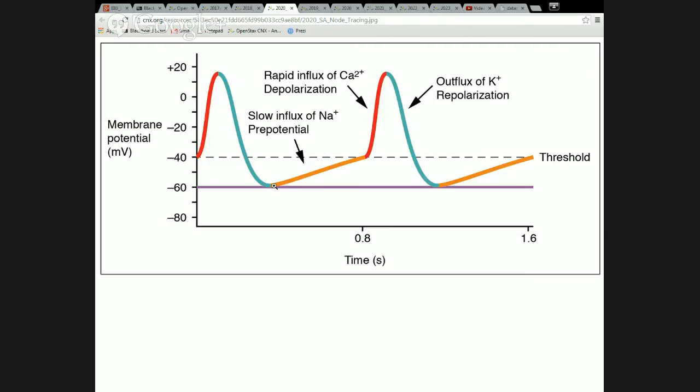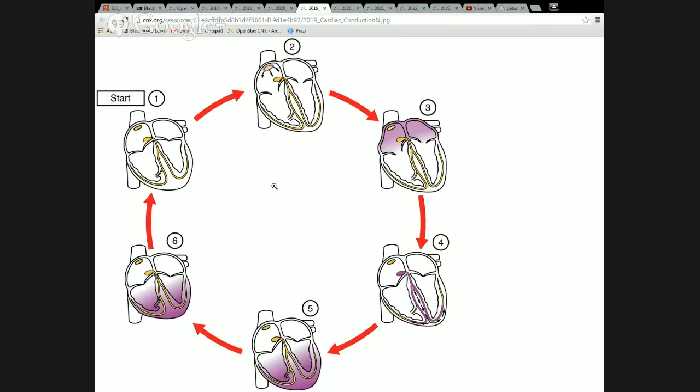Now, actually, if you're going through the book, this figure comes after this figure here, because what I wanted to do is talk about the autorhythmic nature of the SA node a little bit before we look at the process of what's happening for the conduction pathway.